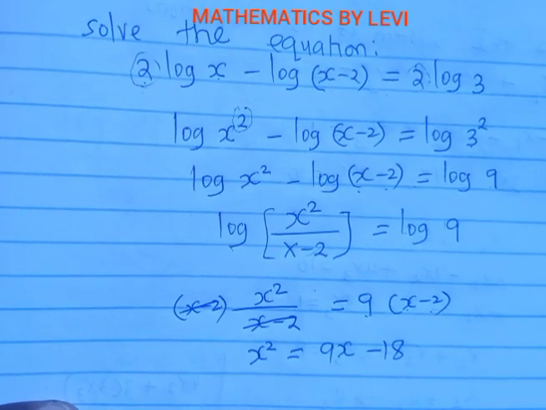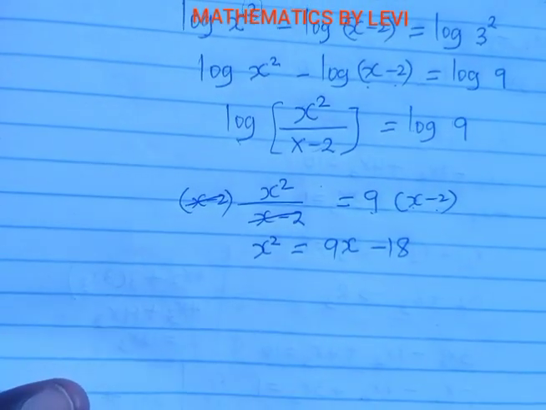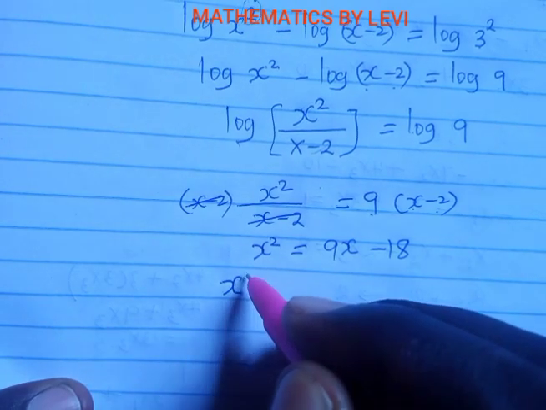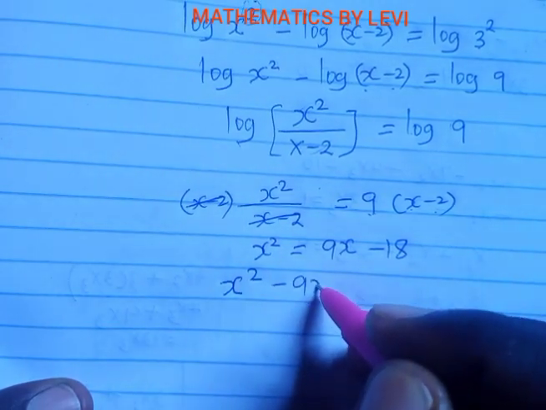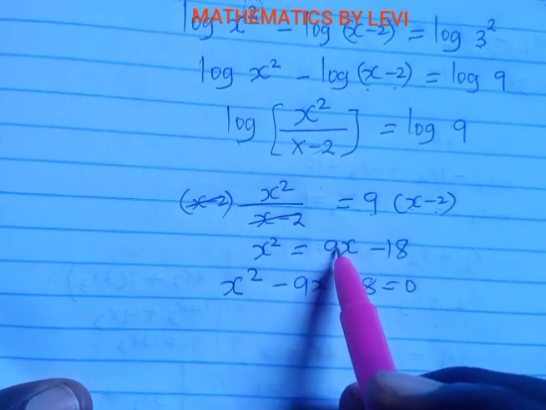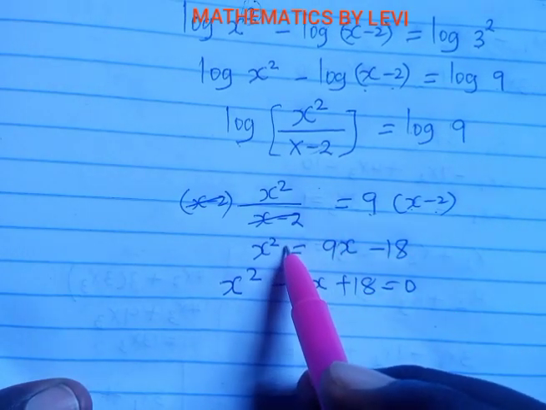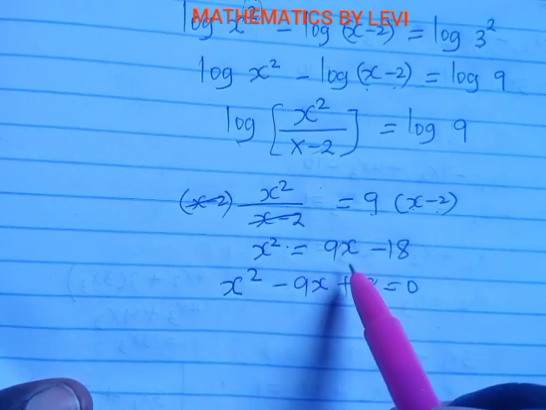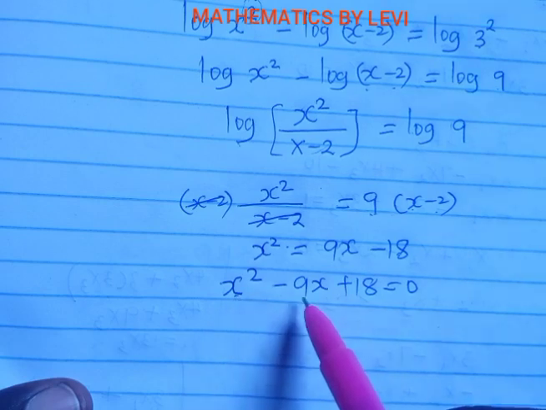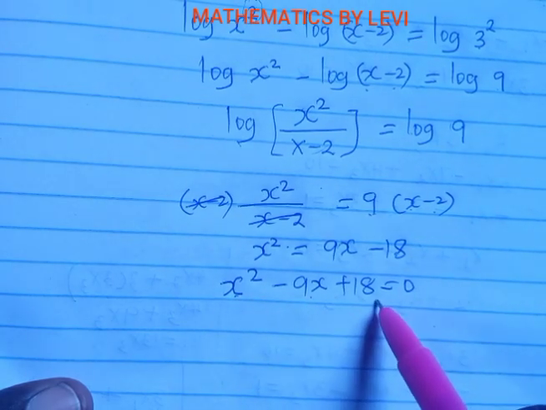Then we obtain a quadratic equation: x squared minus 9x plus 18 equals 0, because when we bring the 9x and the negative 18 to the left hand side, we have x squared minus 9x plus 18.